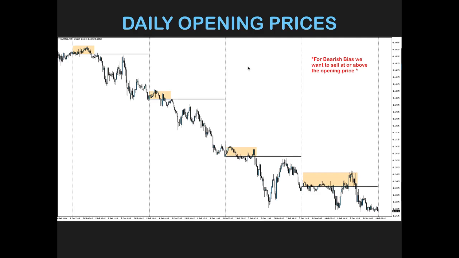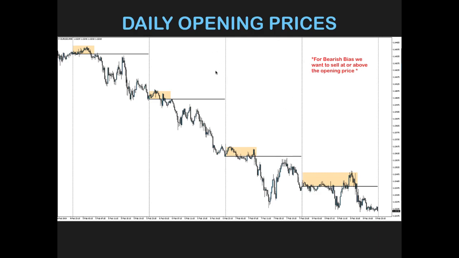So if the big banks and the hedge funds and the market makers and people that are driving price are looking at the daily time frame to make their decisions, that's a very important time frame that we need to be aware of. And that's how we can glean basically the daily bias and know which direction we should be trading, just like this, right?